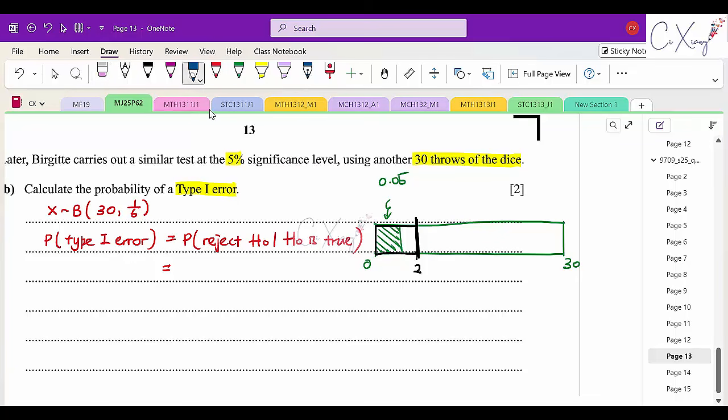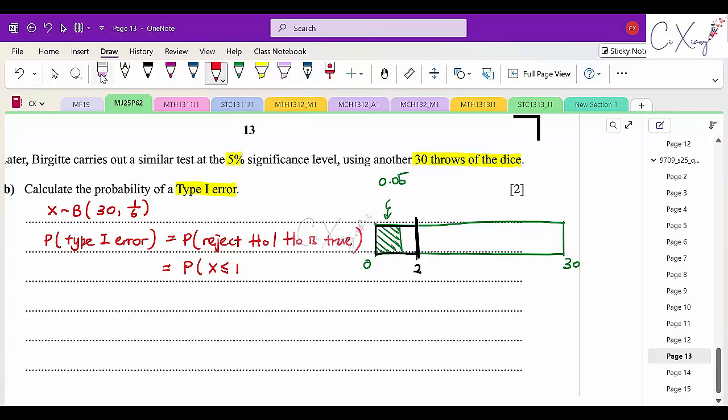To get the rejection region, we need to do a little trial and error. If 2 is under the acceptance region, then how about the 1? Will the 1 fall under the acceptance region, or under the rejection region? We don't know, so we need to figure it out. Therefore, we try to calculate the probability of x smaller equals to 1.